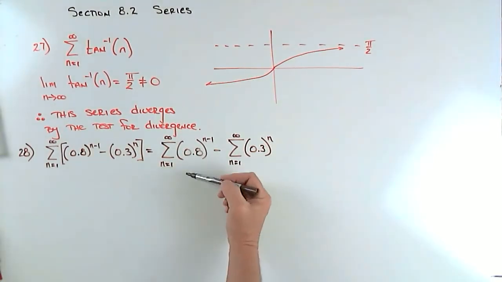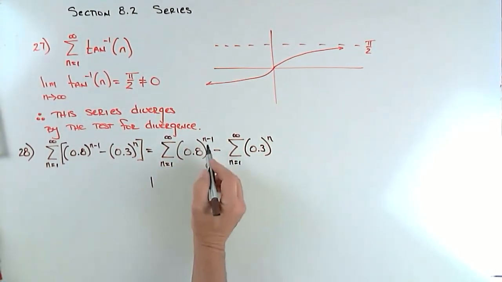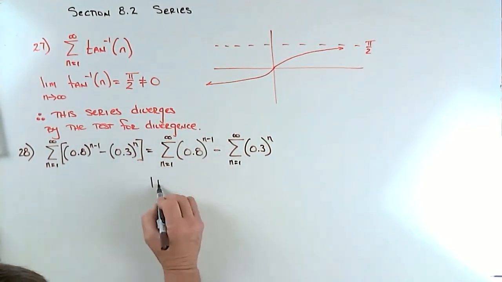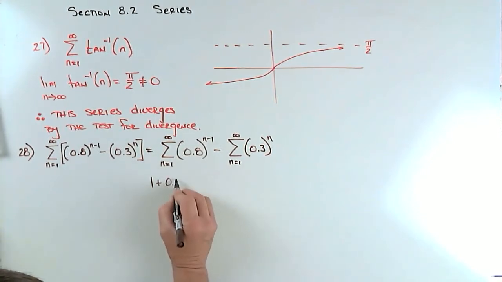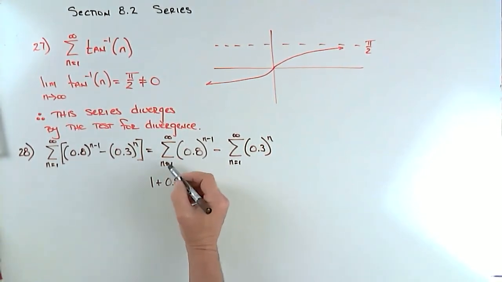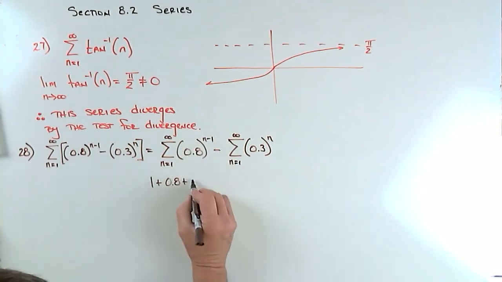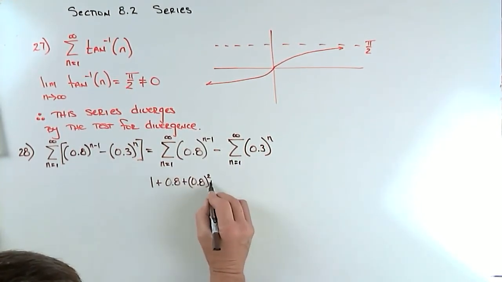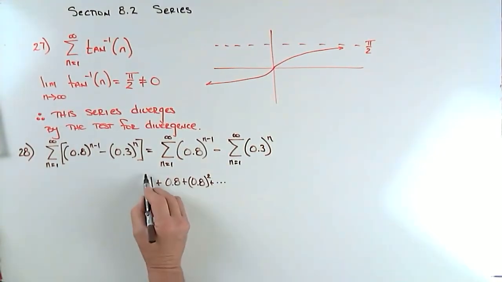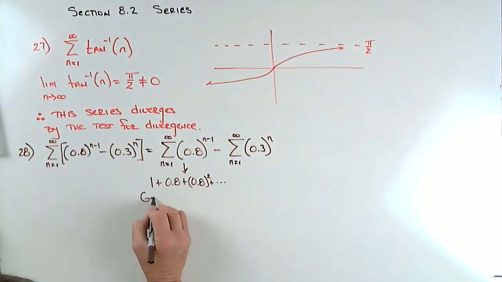If we were to write down a few terms of this, when n is 1, we get 1 minus 1 is 0, and 0.8 to the 0 is 1. Here, if n is 2, we get 0.8. If n is 3, we get 0.8 squared. So this series is geometric.